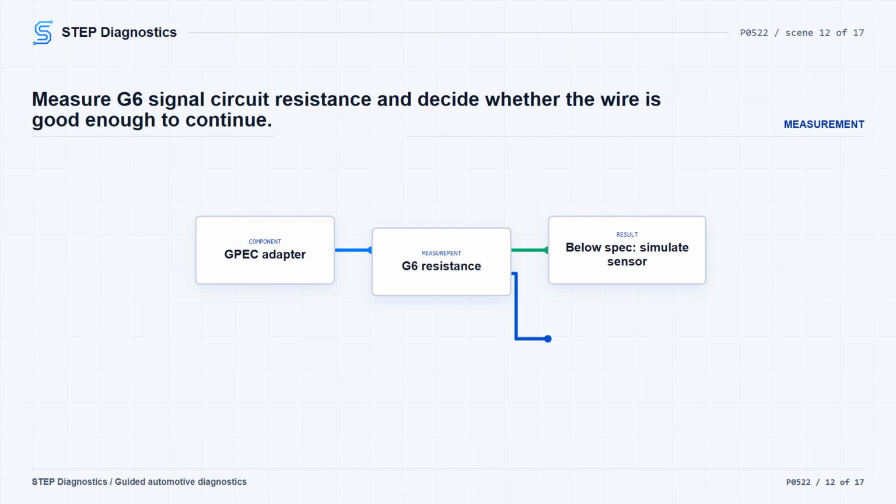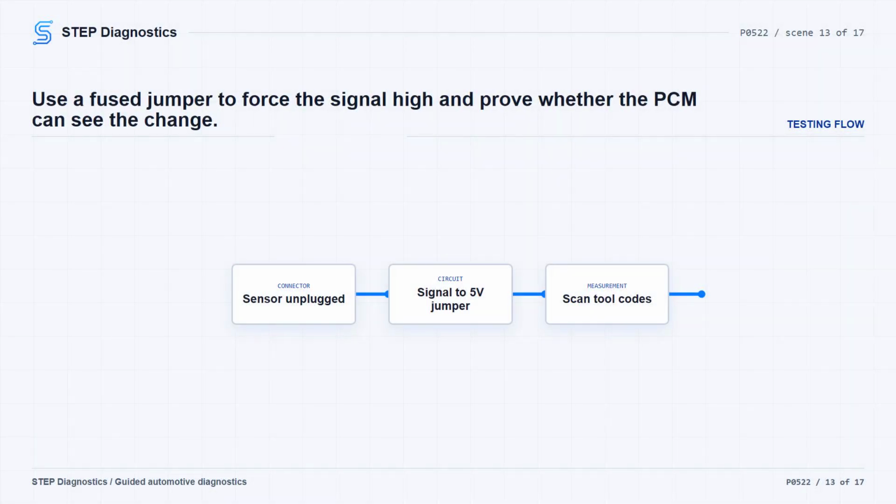Measure the signal circuit from the component connector to the GPEC adapter. If resistance is below 3.0 ohms, continue to the sensor simulation step. If it is not below 3.0 ohms, repair the signal circuit for an open or high resistance and verify the repair. At this point, the ECU connectors need to be connected for the next test.